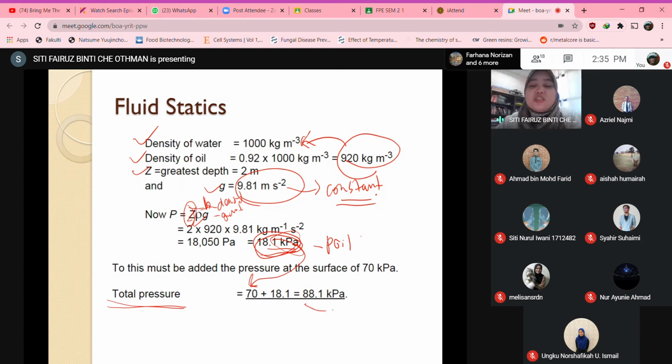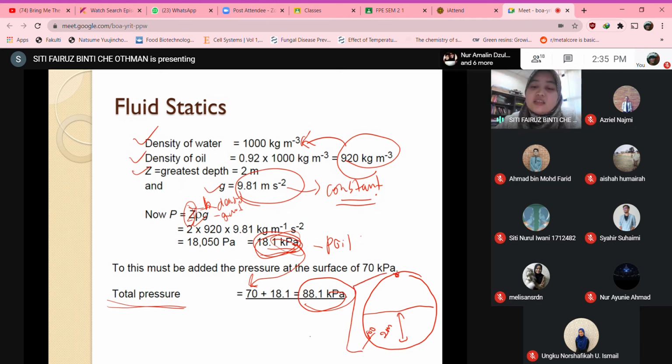So this is the total pressure of the cylindrical tank. Okay, so this is peanut oil, 2 meter, but this is the highest point. That's 70 kPa. For peanut oil alone is 18.1. So the total pressure for this particular tank is this added with this.